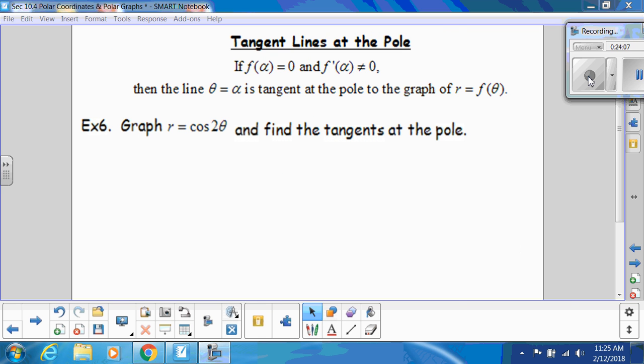Okay, so now I want you to look on page 735, just so you can familiarize yourself with all the different types of polar graphs. Look at the limacon, the cardioid, the rose curve, the lemniscate, and the circle. The more you work with these equations, the more helpful it is to know what to expect when you graph it.